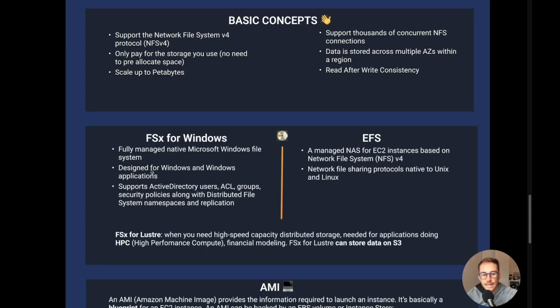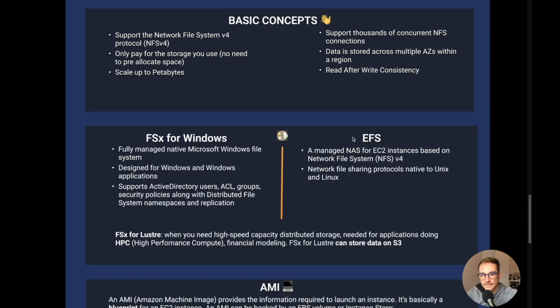It supports Active Directory users, ACL groups, and all the namespace and replication data for Windows. So every time you see the Windows keyword on the exam, think about FSx for Windows. This is really the only thing you need to remember. When you see file system for Windows, go with FSx for Windows.